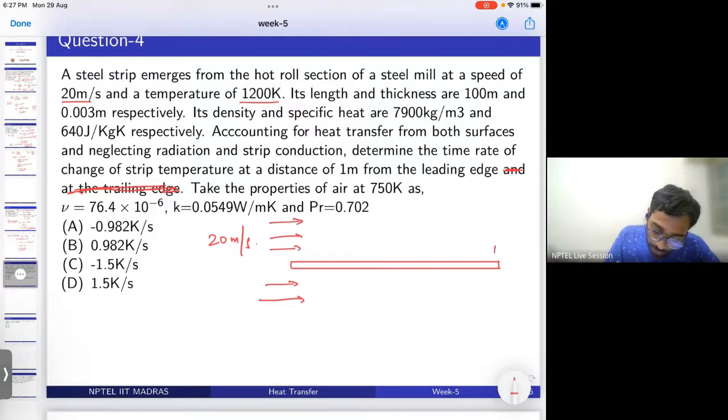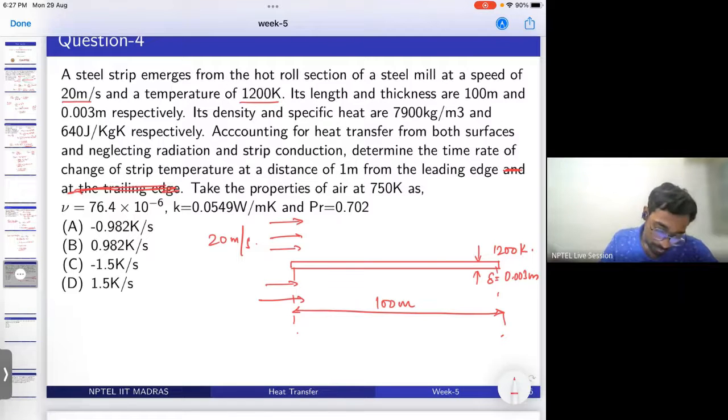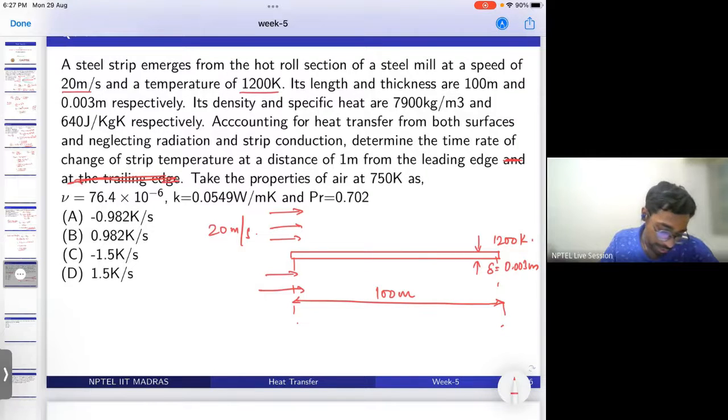The temperature of the steel is 1200 Kelvin, and the thickness of the steel is given as delta, 0.003 meter, and the length of the strip is given as 100 meter. And what is the temperature of the air?